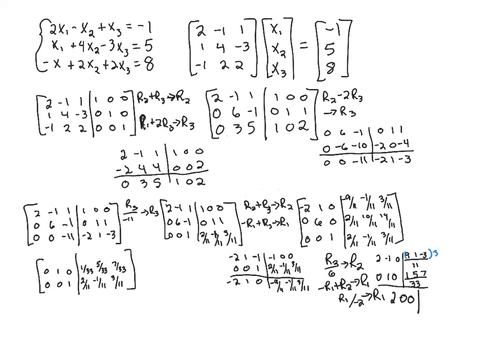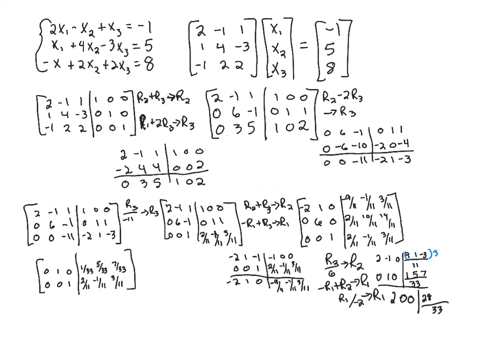So 3 times 9 is 27, isn't it? I'm going to have 27 plus 1 is 28, and everybody's over 33.